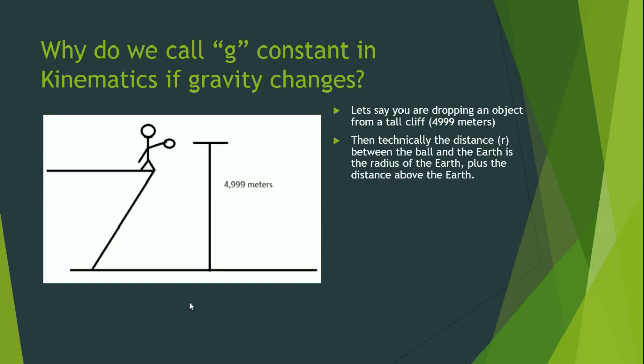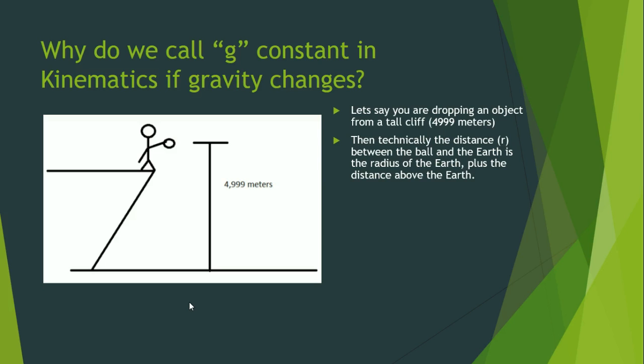And so technically, the distance between the ball and the center of the Earth is the radius of the Earth plus the distance the ball is above the Earth. Our formula for Newton's gravity has the distance between the two objects. So if we are above the Earth, we have to include the radius of the Earth because we always measure from the center of mass of the two objects.